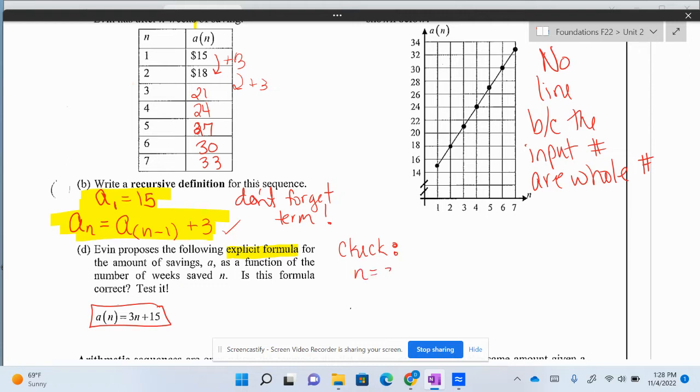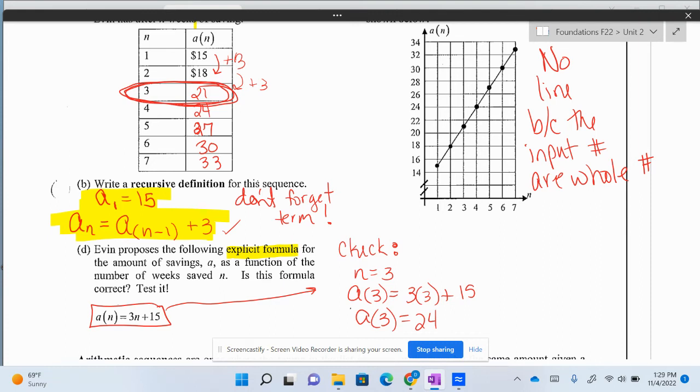Let's let n equal 3. So if I use Evan's formula, I have a to the 3 equals 3 times 3 plus 15. But 3 times 3 is 9, and 9 plus 15 is 24. Compare that to week 3 in our table.